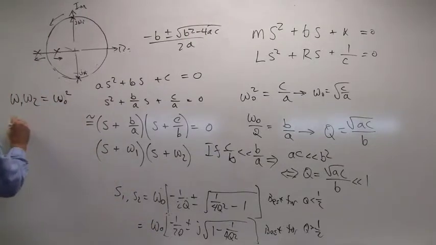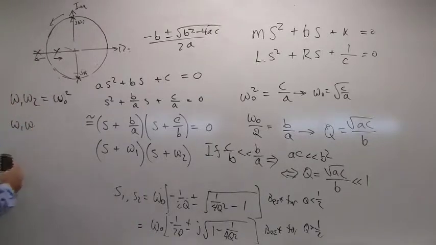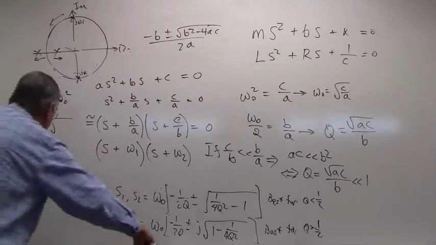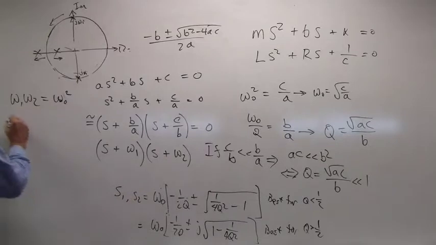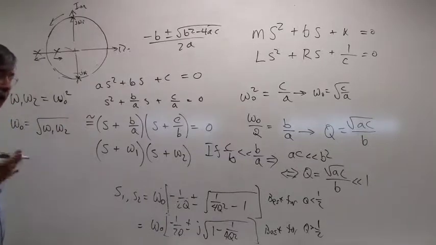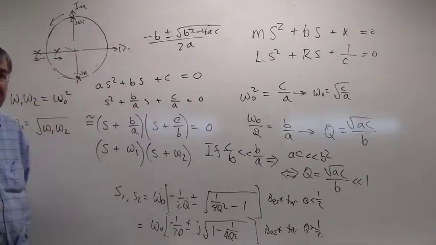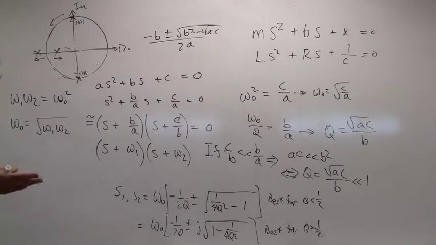All right, which is to say the two approximate roots, let me try this again, that omega naught is the geometric mean of the two roots. I don't know if you're familiar with the term geometric mean, but this is the definition of it. And so one goes up and one goes down, but their product stays the same. An algebraic mean is the one where one goes up, one goes down, the sum stays the same. This is the product. So this is a little bit different.